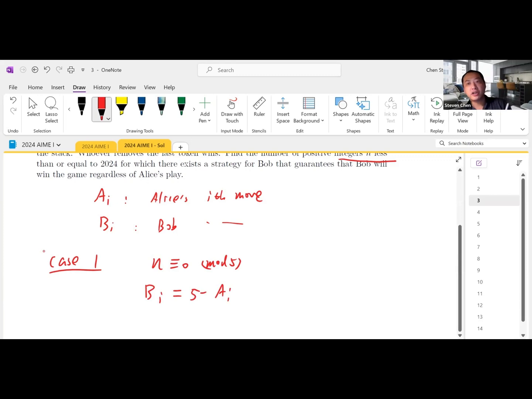Basically, in each turn for these two people, if Alice chooses 1, then Bob chooses 4, or vice versa. So after each pair of moves, the number of tokens is decreased by 5, right? Because in this case, n is a multiple of 5. So finally, we will have 5 tokens left over, and then Alice moves first, and Bob will remove all remaining tokens. So this leads Bob to always win.